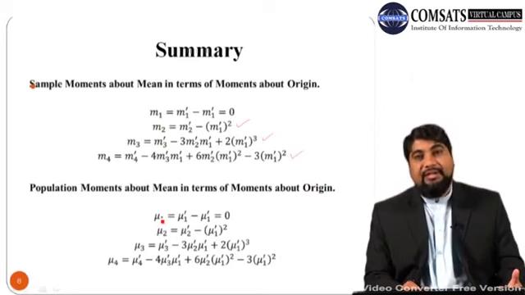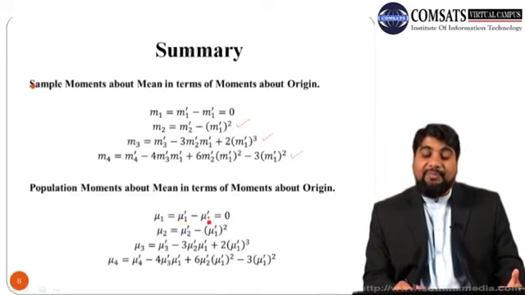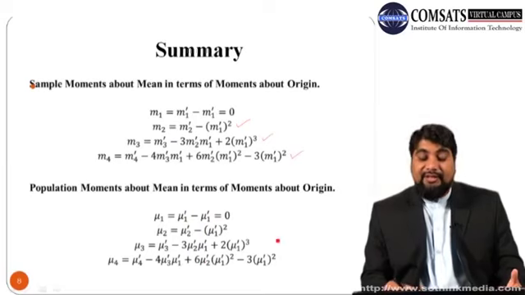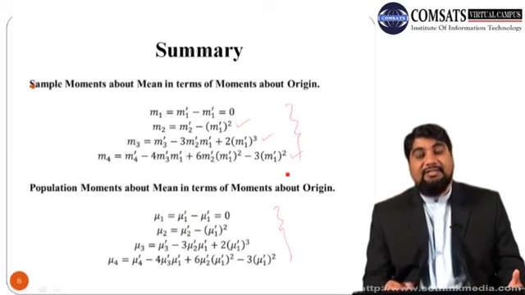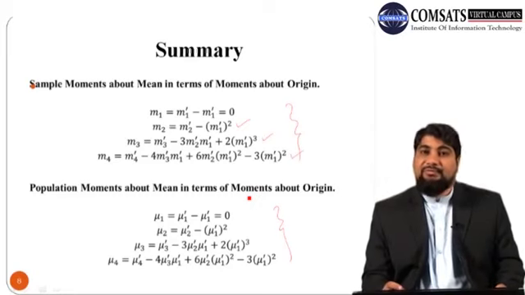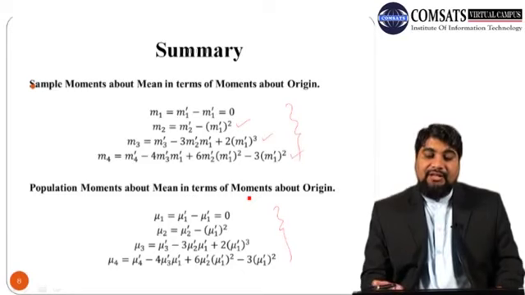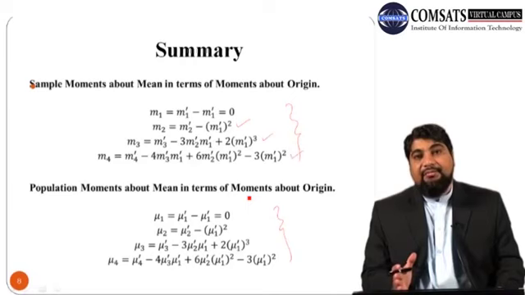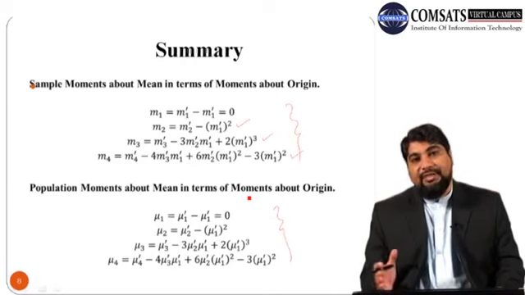Instead of m1, m2, we will write mu1, mu2, mu3, mu4, and instead of m1', m2', m3', we will write mu1', mu2', mu3', and the rest of the formulas are exactly the same. So there is only a notational difference. For sample moments we use m, for population moments we use mu. Using these formulas we can calculate moments about mean from the moments about origin.